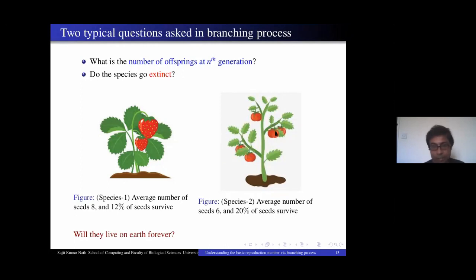And another species produces an average number of seeds which is 6, which is lesser than this, but they have a little bit higher survival, which is 20%. Now what we want to ask is whether these two plants will live on earth forever or not. I mean, is there any possibility that they will go extinct? This is the kind of question we want to answer in the branching process.